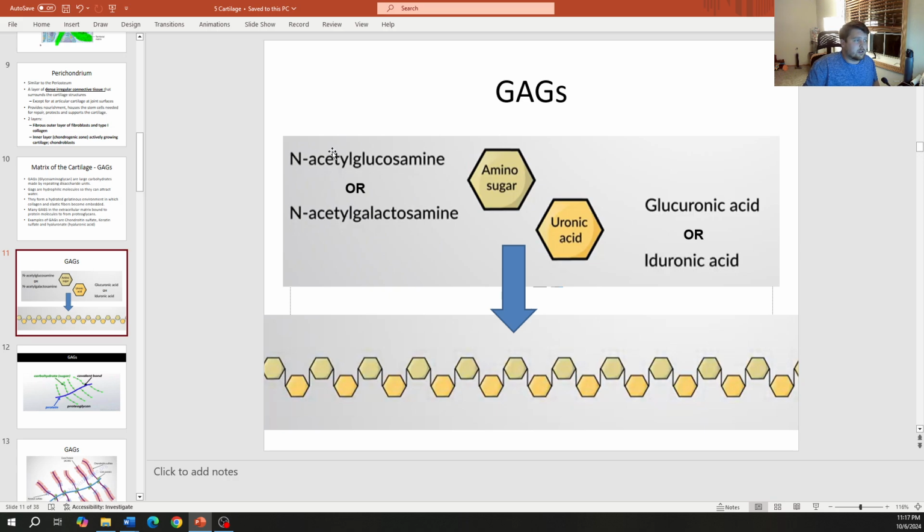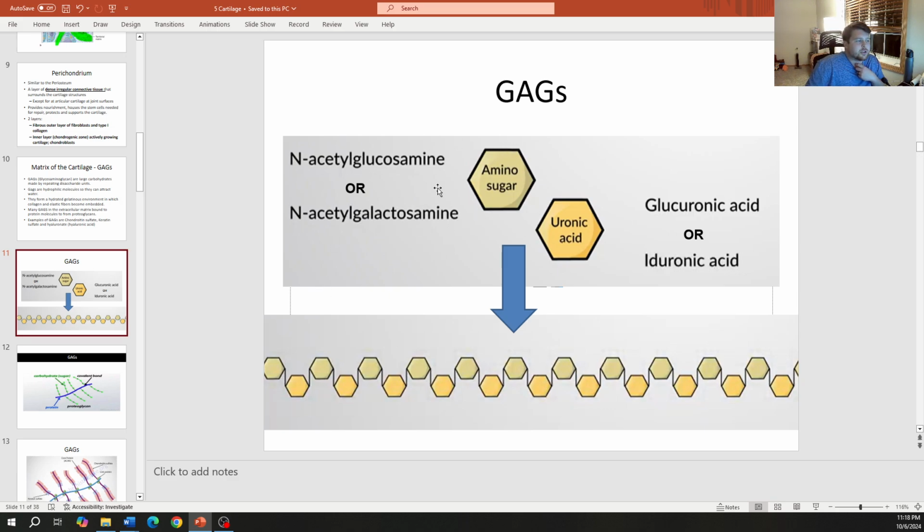So we have an acetyl group, a glucose, and then an amine or an amino acid. So acetyl, glucose, amine. Those three things combined together form one of these sugars. Then we also have an acetyl galactose amine, which again, galactose being another type of sugar, amine, amino acid.